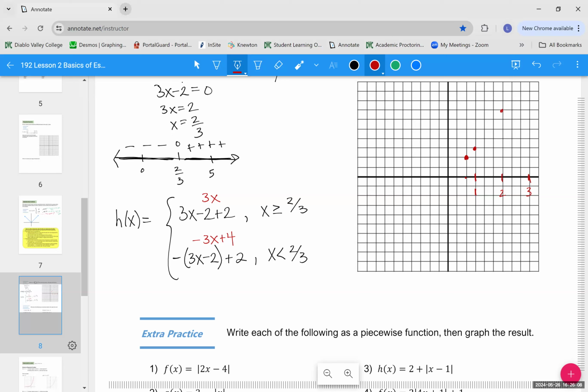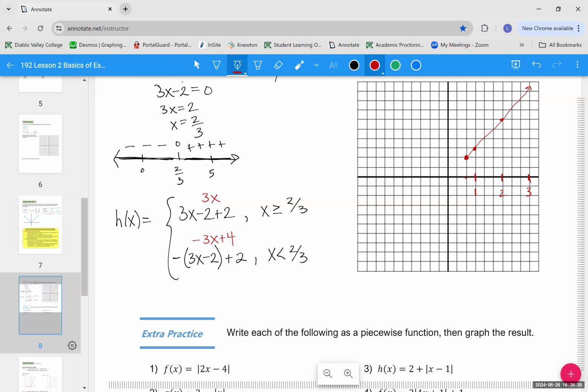Oops, did I count that right? 1, 2, 3, 4, 5. No, I did not. So I'm going to have a graph that does something like this on this side, and we would expect it to have the same slope on the other side. So negative 3x plus 4, again, just checking. If I plug in 2/3 times negative 3, that would mean negative 2 plus 4 is 2.